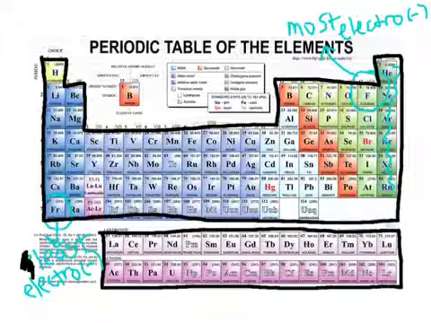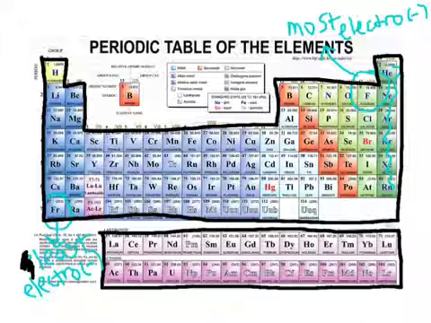One of the last trends here is ionization energy. Again, remember this follows electronegativity because ionization energy is that energy needed to take away an electron. And if atoms are highly electronegative, meaning they are attracting their electrons, they're wanting to hold on to their electrons, they're going to have a harder time letting them go. So we're going to require lots of energy to remove electrons.